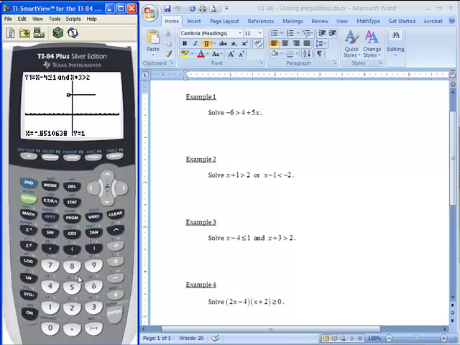We think it's 5, so I'm just going to press 5 and enter to jump down there. And it looks like we're right at the end, and it is still true. If I just move with the cursor key 1 to the right, I fall off there and I'm no longer true. So it looks like negative 1 is less than x is less than or equal to 5 would be a solution to this problem.